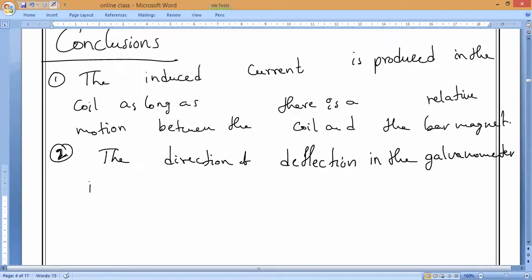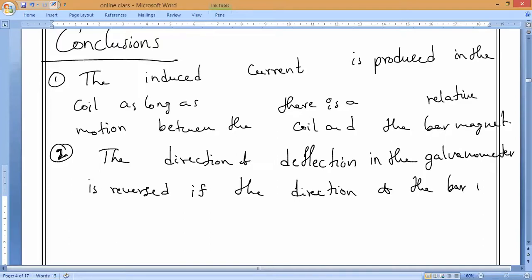is reversed if the direction of the bar magnet is reversed, or the polarity of the bar magnet in motion is reversed.